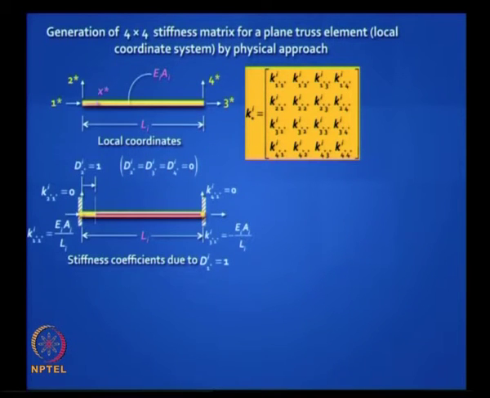Next sketch is going to be tricky. Now you apply d2 star equal to 1, draw it like what? Draw it. Give me the 4 values.